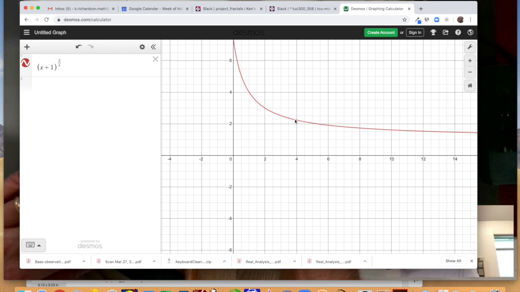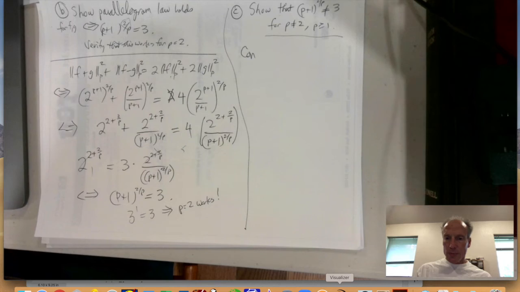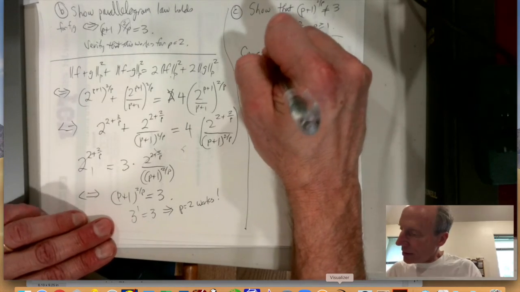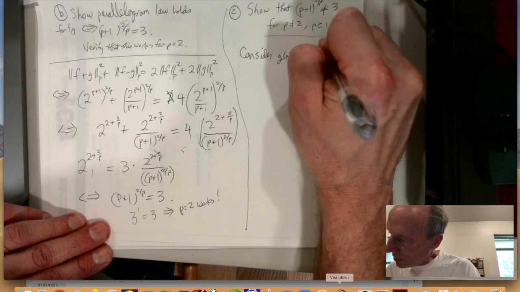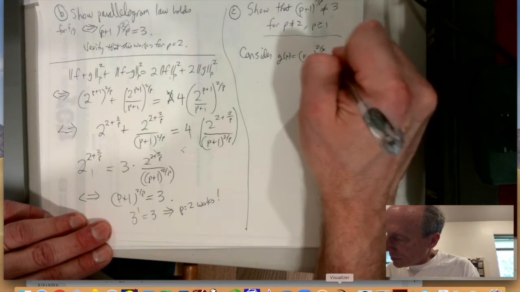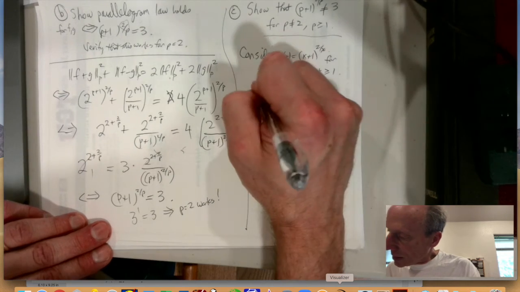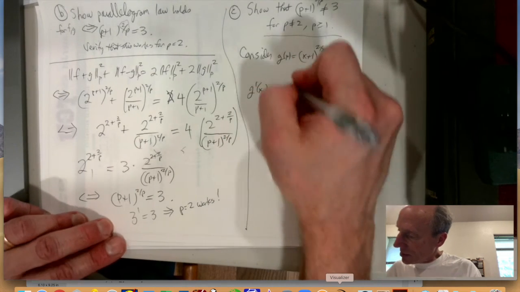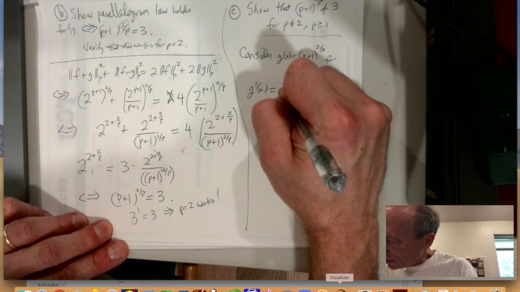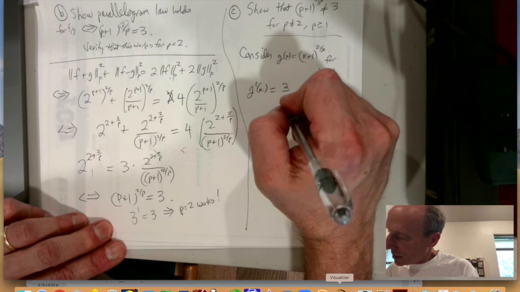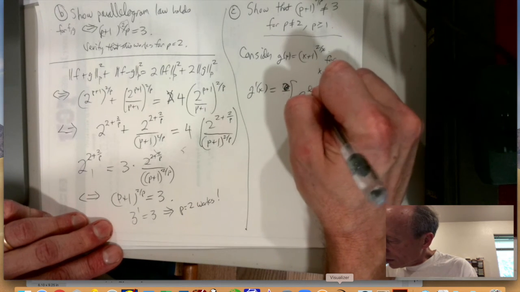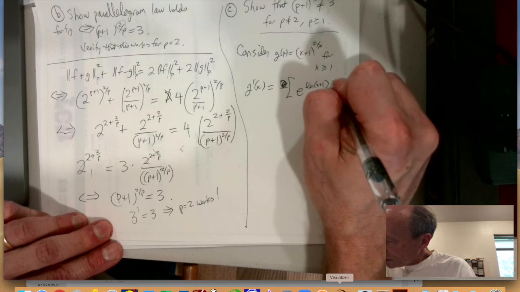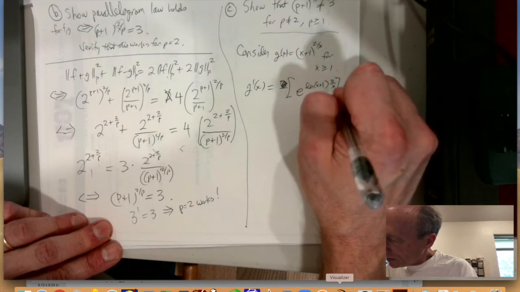So let's consider g of x equal to x plus 1 to the 2 over x, for x greater than or equal to 1. Then g prime of x is equal to, you have to rewrite it as e to the log of x plus 1 times 2 over x, derivative.